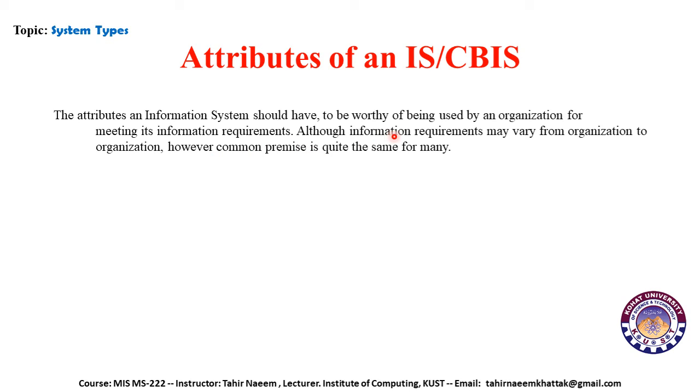Although information requirements may vary from organization to organization, the common premises are quite the same for many. Here we will discuss the most common attributes applicable to different organizations.